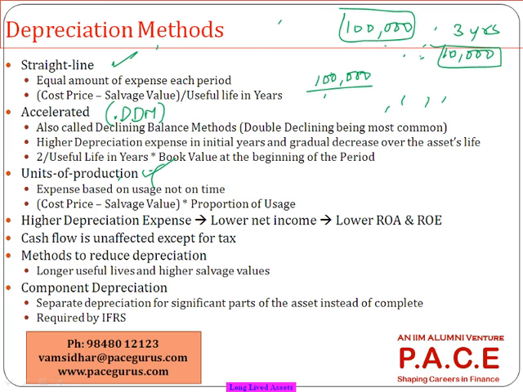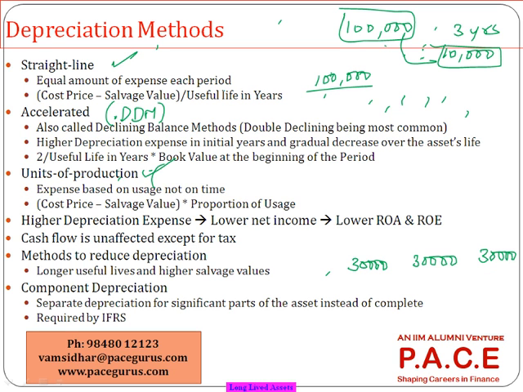So in the straight line method, we take the difference of these two. The 90,000 I will spread over the 3-year period. So the expense will become 30,000, 30,000 and 30,000. This is the straight line depreciation.